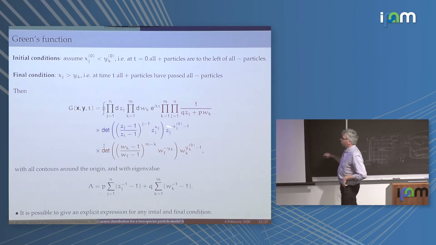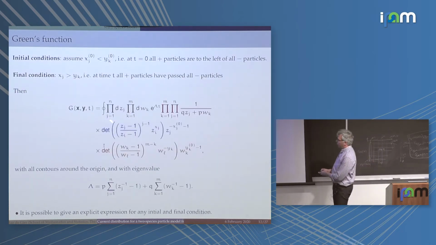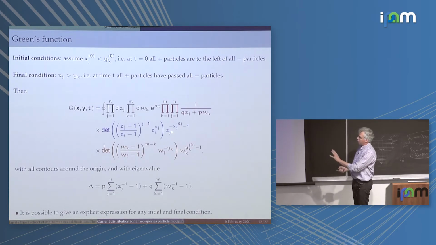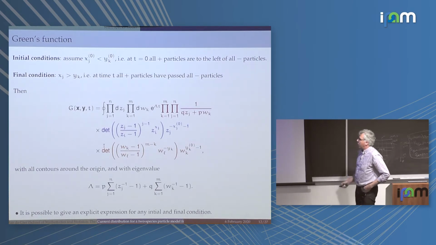So it's determinantal, and that determinant takes care of this exclusion principle, right? Because it's a determinant, if two coordinates would be equal, the determinant would more or less vanish. That's sort of the exclusion part.